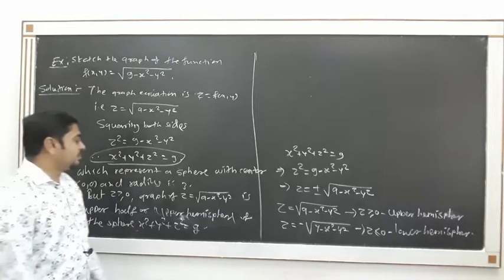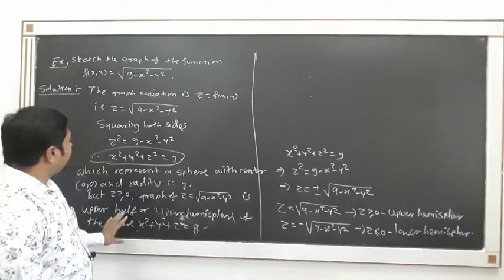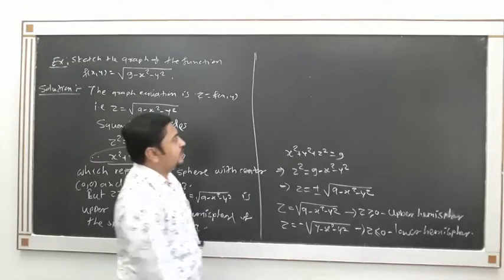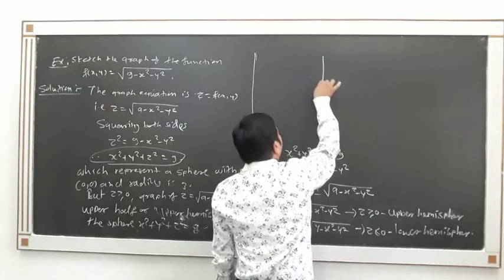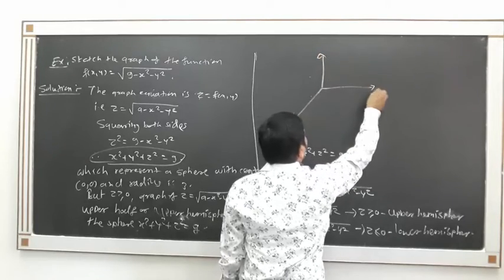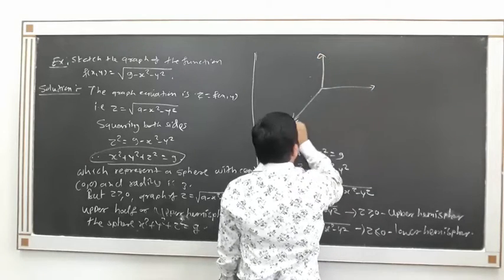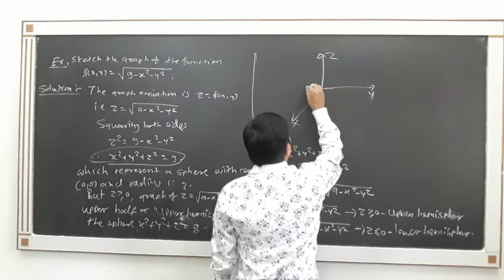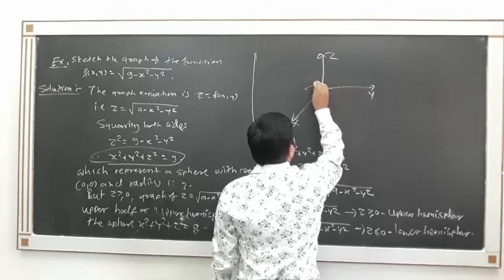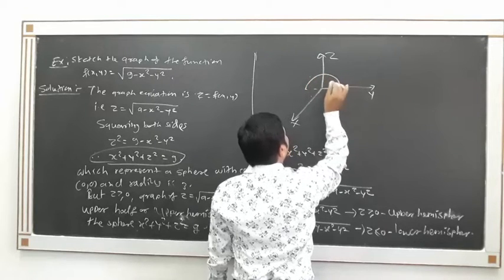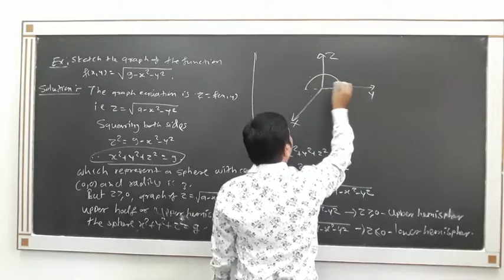So what does it mean? The graph of this function is an upper hemisphere. You can try to draw this. This is x, y, and z. Then you can draw this. This is the upper hemisphere.